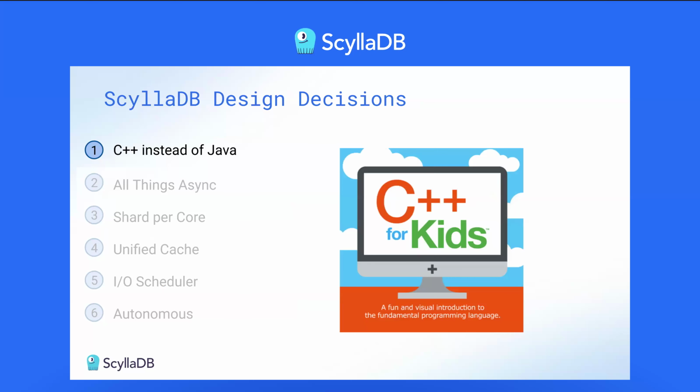These are the 6 high-level design architecture decisions that we made to make Scylla faster. The first, maybe the most controversial to some extent, is we decided to implement in C++. Why C++? C++ allows you to have full control of memory and I/O and all the other resources in the machine.